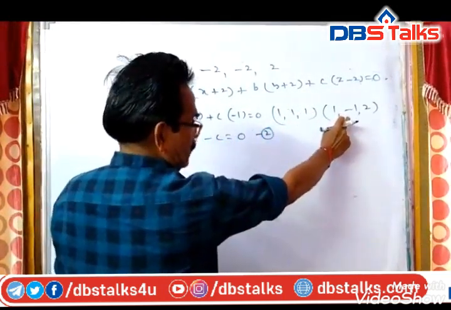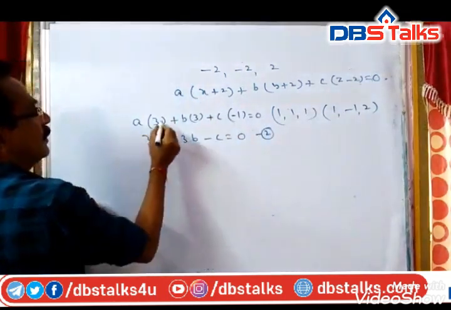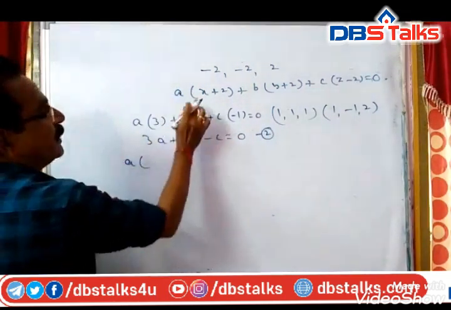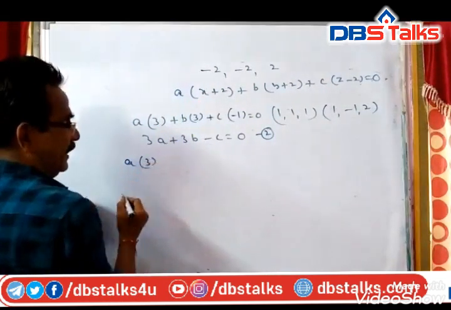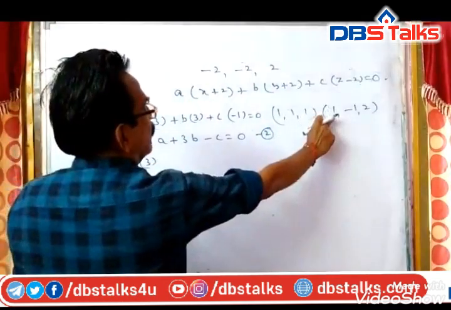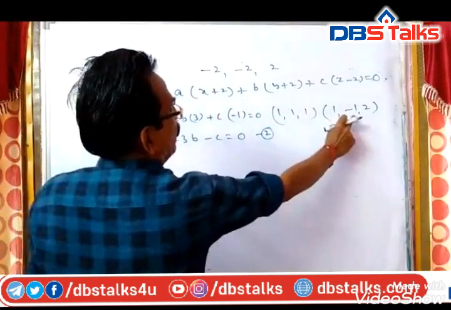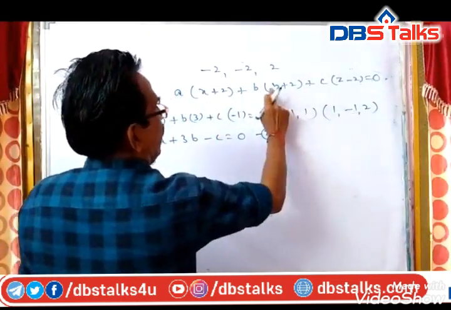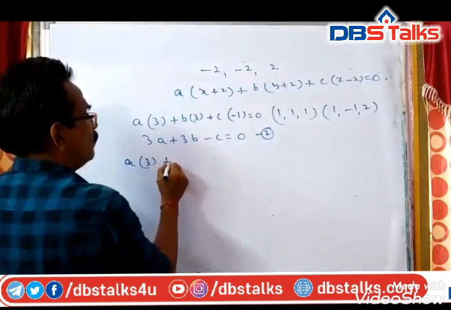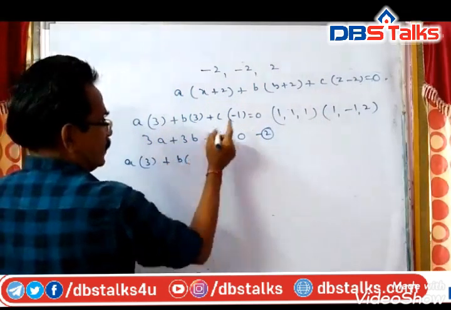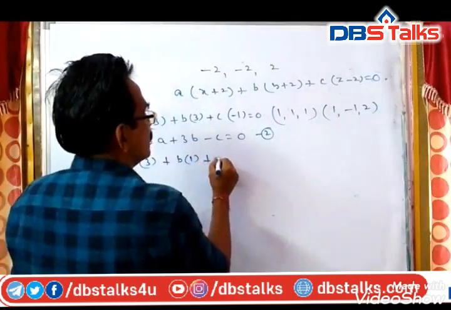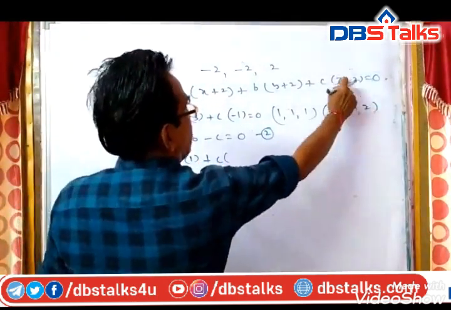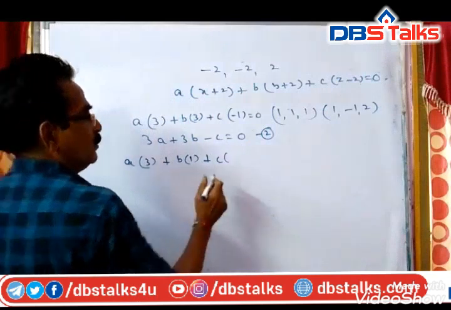Now let us substitute the other point. a(1 + 2) + b(-1 + 2) + c(2 - 2) = 0.